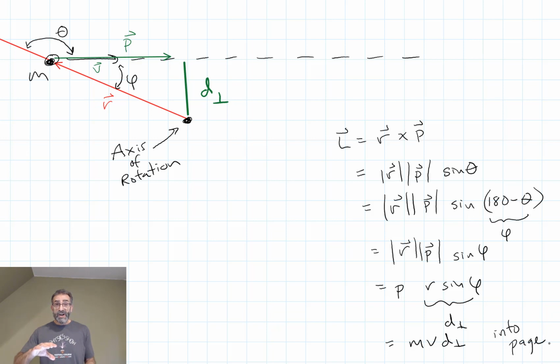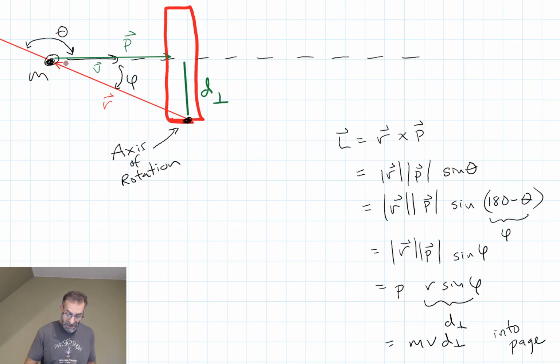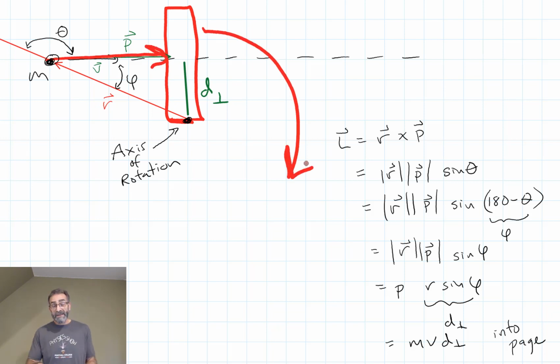In other words, it would cause something to rotate in the clockwise direction as I look down about this axis of rotation. If I had a big door attached here to this axis of rotation, and my object came along and hit it right here, it would cause it to rotate in the clockwise direction, or into the page if I use my right hand rule. So L is into the page for this object. It would cause something to rotate into the page if it struck it.